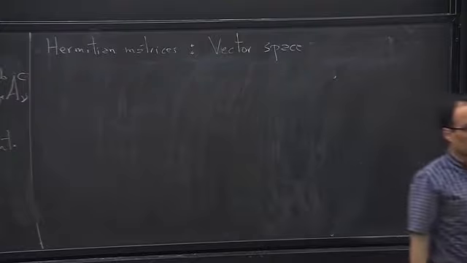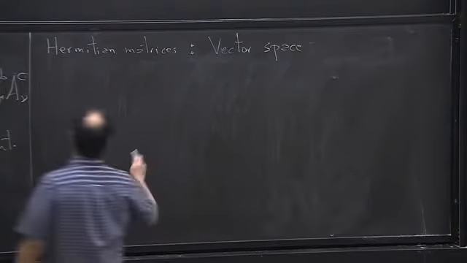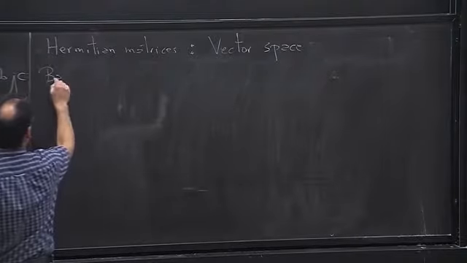Why? Because you can take a Hermitian matrix and multiply by a real number, and it's still Hermitian. You can add up Hermitian matrices, and they are still Hermitian. So Hermitian matrices behave like vectors in a vector space, where the field that we are using to define the vector space is the reals. So that all sounds pretty good. So we can choose bases for our vector space.